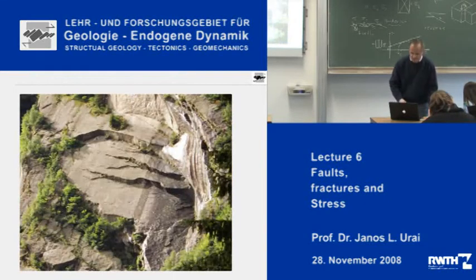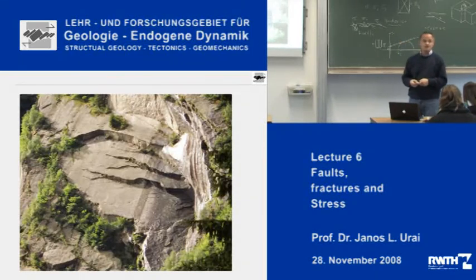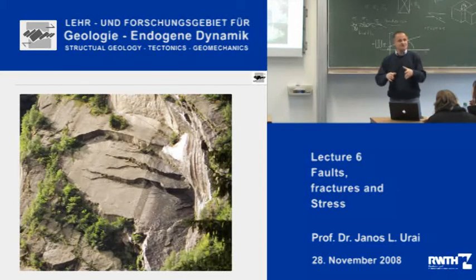Now let's look at a very much bigger fracture. This is in granite in the Pergel Massif in the Alps. There are some trees here for scale, so this could be about 50 meters. And this is a big fracture, and you can see that here the fracture is one plane, but here there are steps. There are 3 steps. So the fracture itself has a very complicated 3-dimensional geometry.